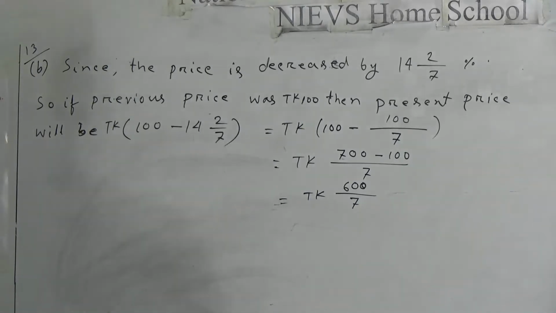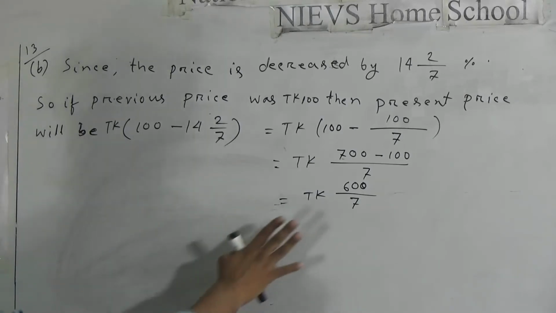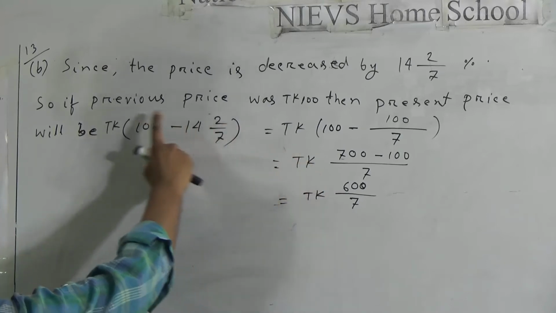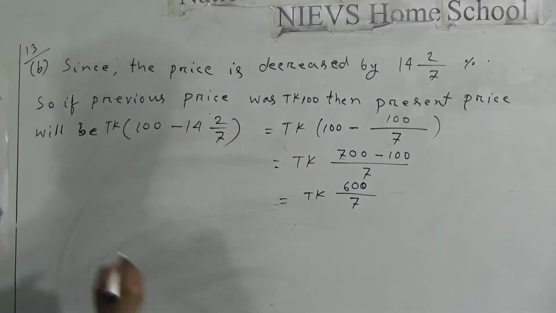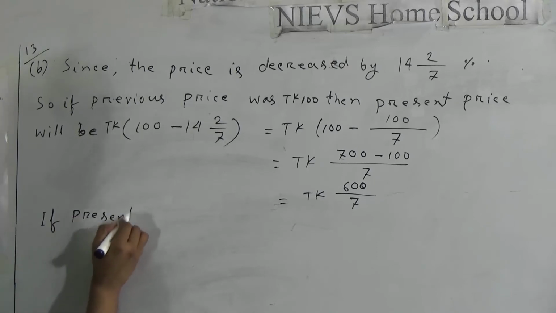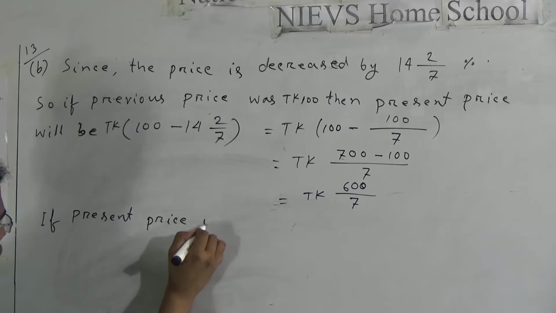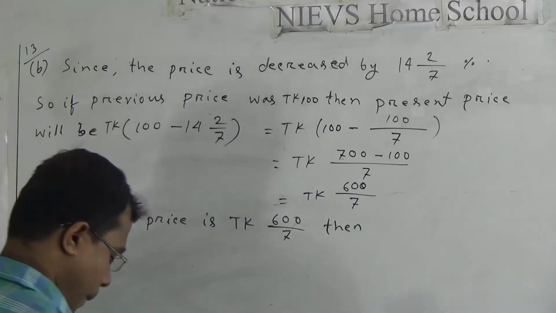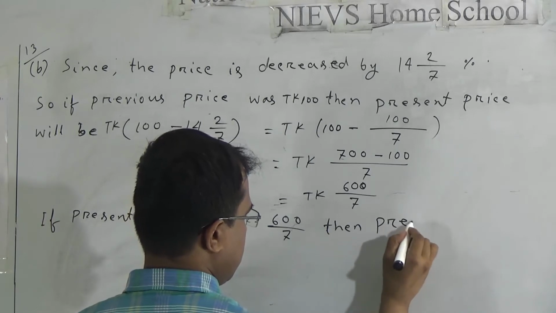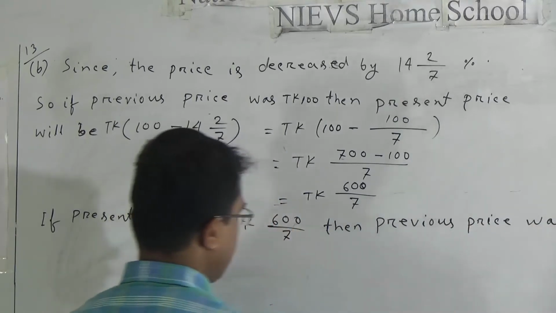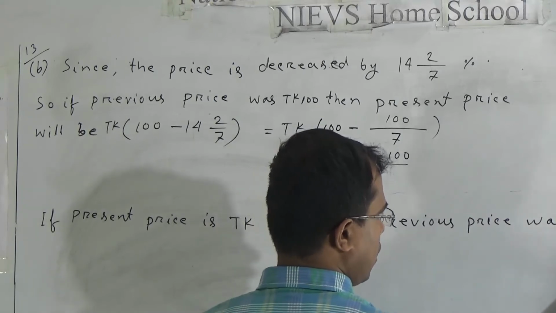Now if the present price is TK 600 by 7, then the previous price was TK 100.